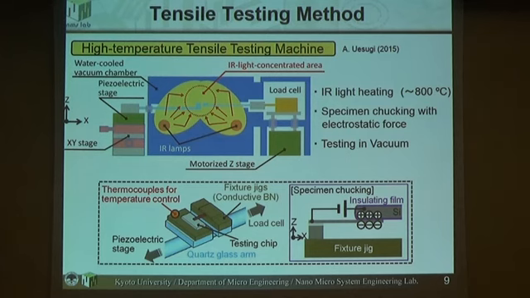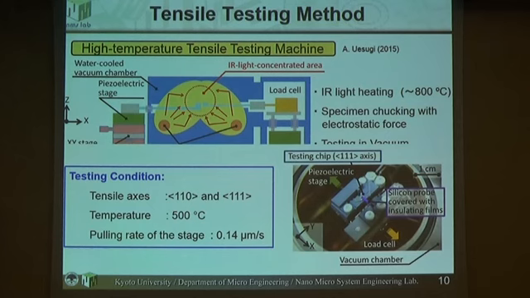After heating, the chuck voltage is applied and the specimen is tensile tested. This is a view of the heated testing part. Here you can see the chip and the chuck made of silicon. The tensile axes are 110 and 111, the temperature is 500 degrees C, and we tested some samples.